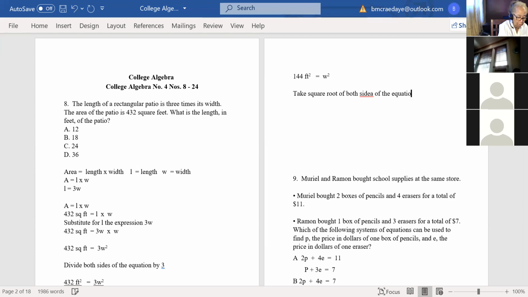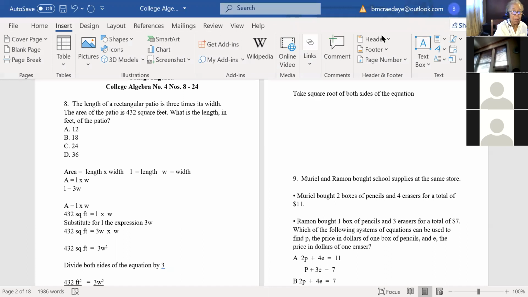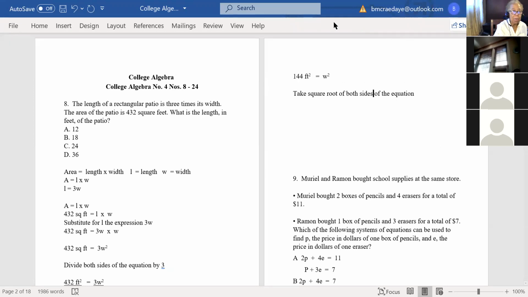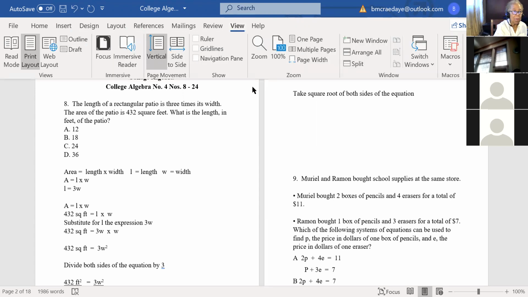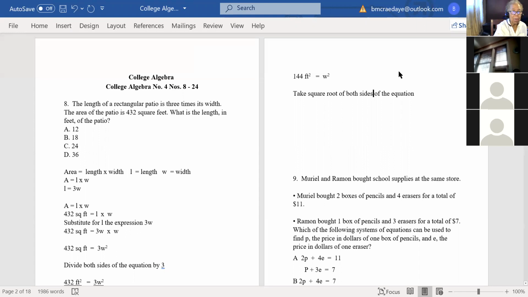And you already said what it is. The square root of 144 is, okay, that would be... let's see if I can. I'll just put square root. So I don't see my symbol.